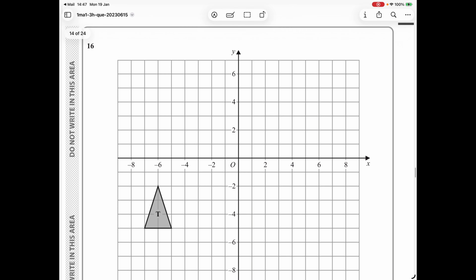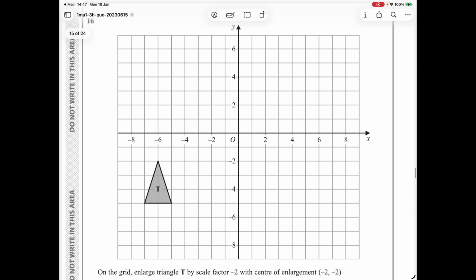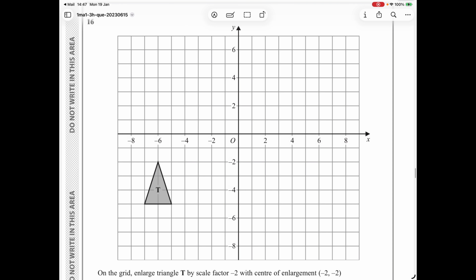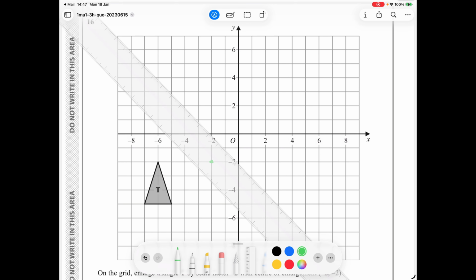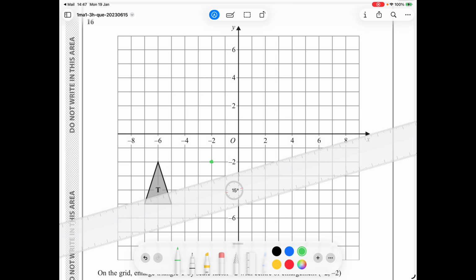Right. On the grid, enlarge triangle T by scale factor -2 with centre of enlargement (-2, -2). So if I take that and I put this there, enlarge it by a scale factor of -2.